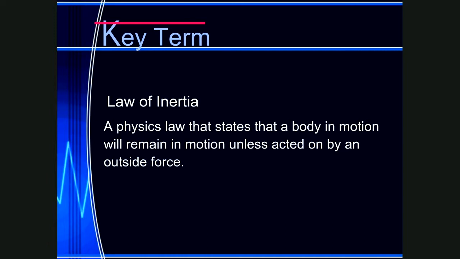Talk a little bit about the law of inertia. It's a physics law that states that a body in motion remains in motion unless acted on by an outside force. This explains why there are actually 3 collisions involved with each MVC, motor vehicle collision.